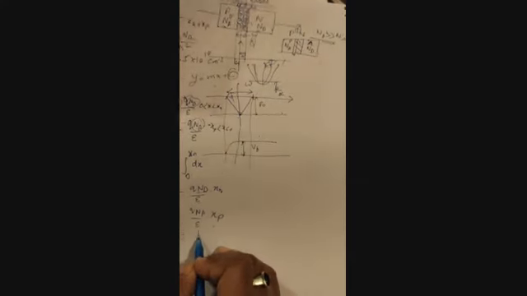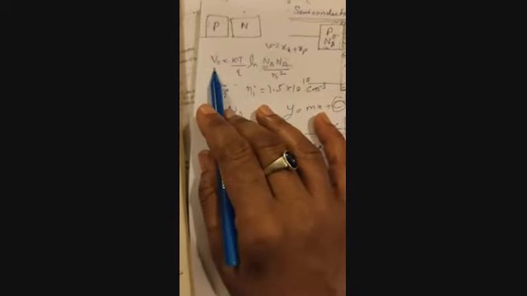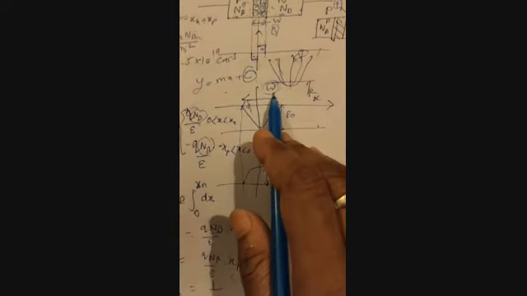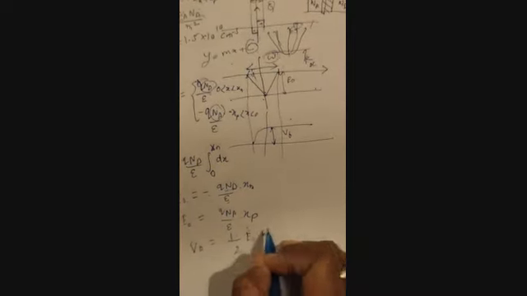Now if I go for V0, the contact potential, I have told you the value, but if I want to calculate it from this also, basically what we need is the expression of W. We know the value of V naught, so by getting the value of V naught, I want to get the value of W. So V naught will be half E naught into W, the area across this.